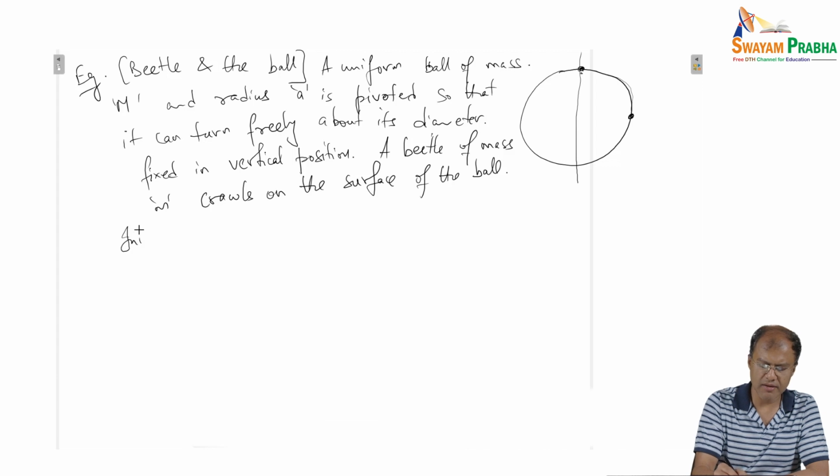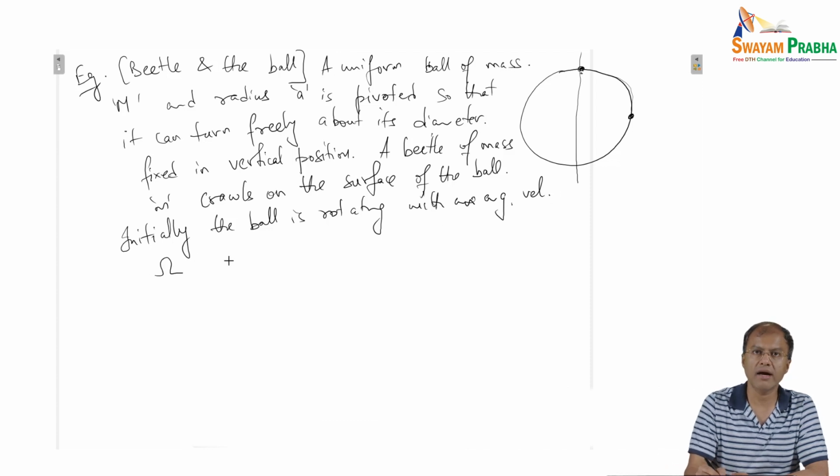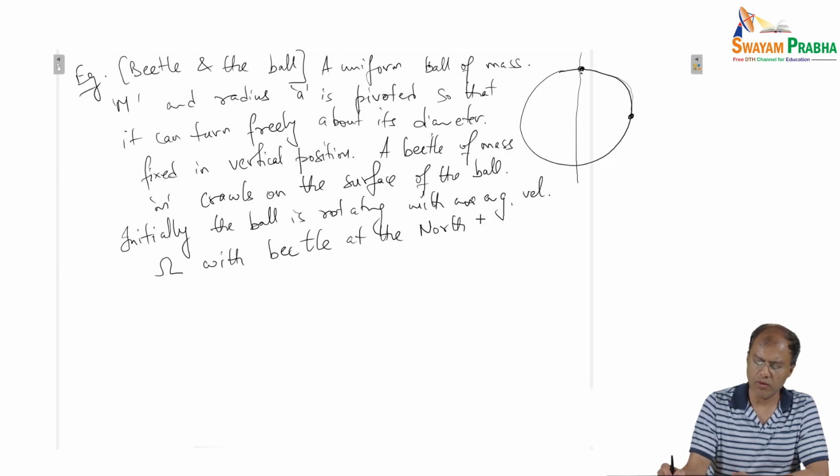Initially, so this is the initial condition, the ball is rotating with an angular speed or angular velocity omega, and with the beetle at the north pole. So all these are initial conditions.